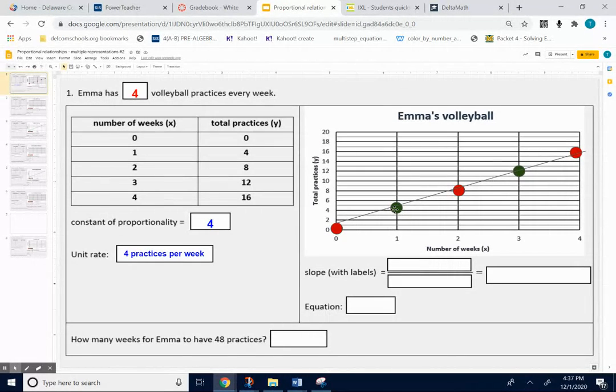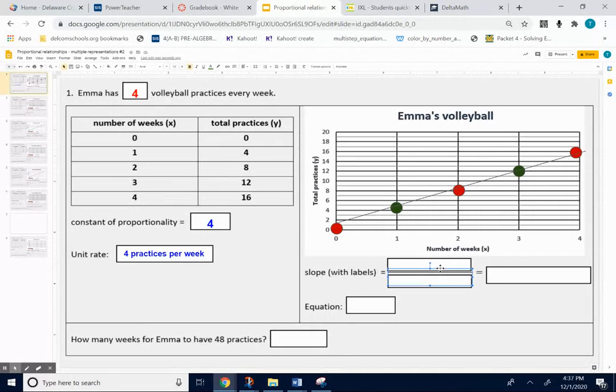Up. Let's see. And again, it's hard to see the numbers maybe. So I'm really going from 4 to 8. So I'm going up 4 practices over 1 week.